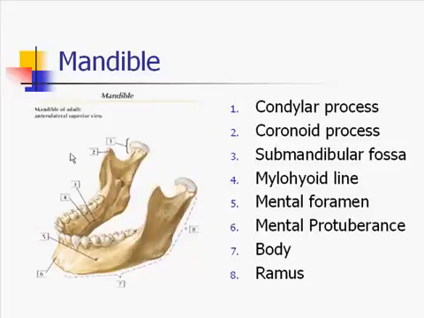Mandibular notch is between 1 and 2. Coronoid process, that's where the temporalis muscle is attached. 3, what it's pointing at is a submandibular fossa.